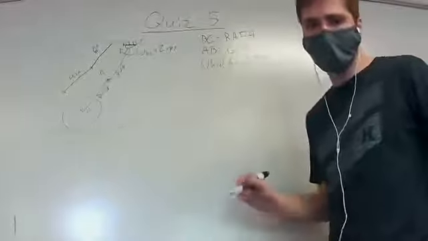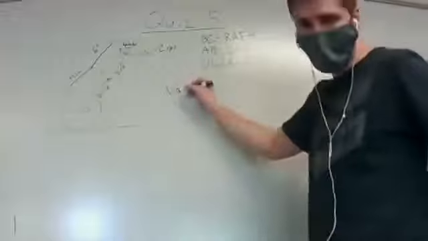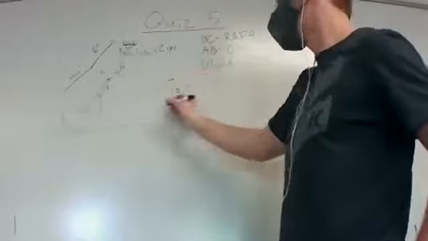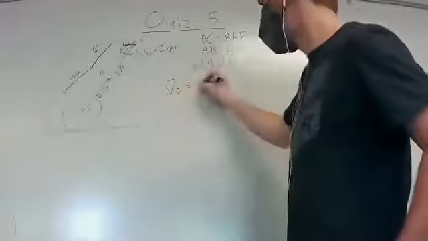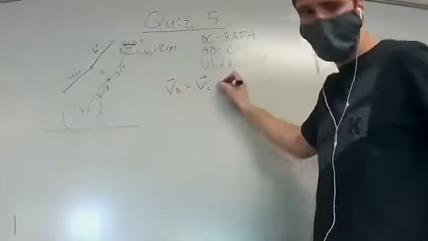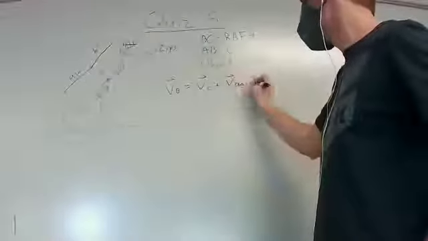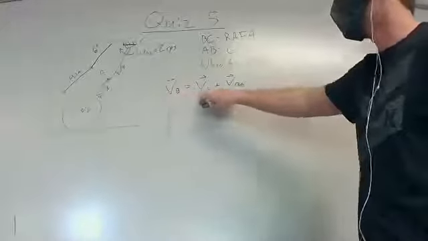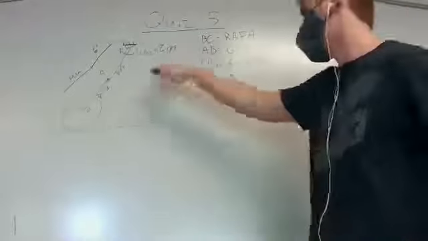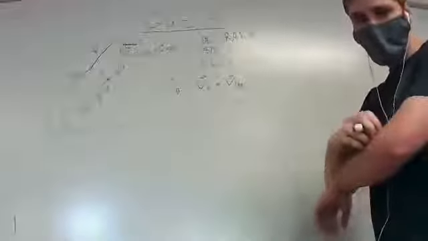So what we want to do is establish our velocity equations. We know here in the center, B is VB. And from here, we can say that VB is equal to VC plus V of B relative to C. You can always say that this is true: the velocity of a point is equal to the velocity of the opposite end of the member plus the velocity relative to the other one.